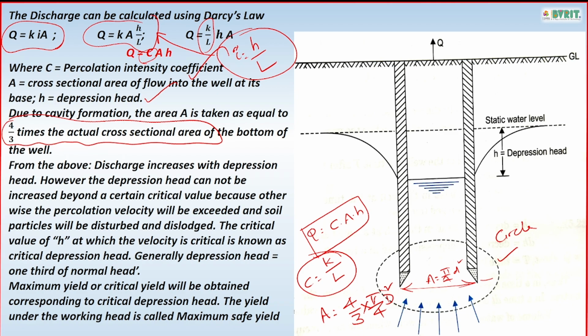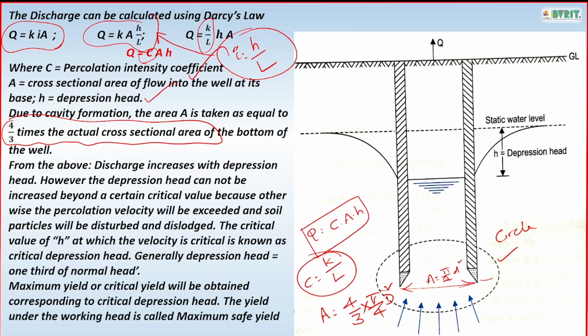That is why there is one head which we call the critical depression head. You can start increasing the discharge, but there is a threshold value, and the head cannot go beyond that. In the well, the head can be described as increasing or decreasing, whatever you call it. From the water table it is increasing; from the well point of view it is decreasing. Whatever it is, it cannot go beyond a certain level. That is what we call the critical depression head.